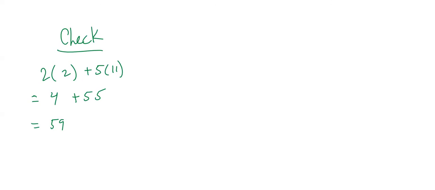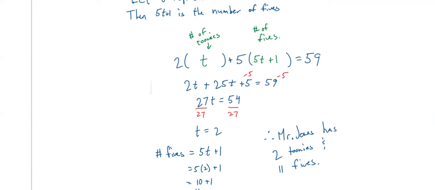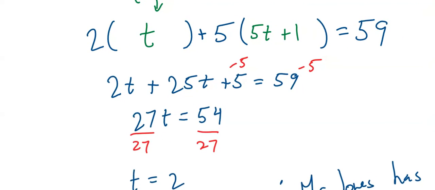Take a look at this, though. We had 2 toonies. They're worth $2. We had 2 of them. I had 11 5s. 11 of them, they're worth $5 each. The toonies are worth $4. The 5s are worth $55. A total of $59. That's the same as we wrote up here. 2 times the number of toonies plus 5 times the number of 5s.